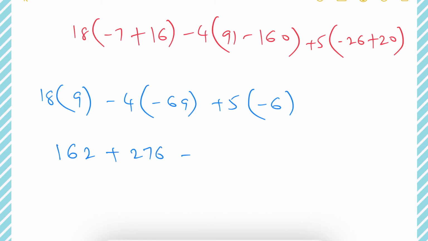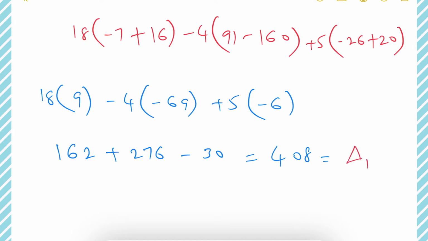Next, plus into minus, minus 5 6 30. If you do addition, 276 plus 162, 438, 438 minus 30, 408. So this we will represent with delta 1.